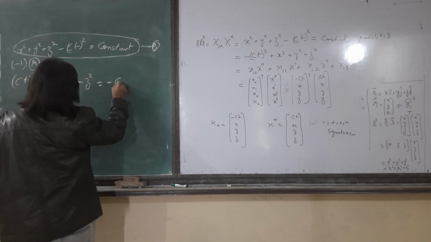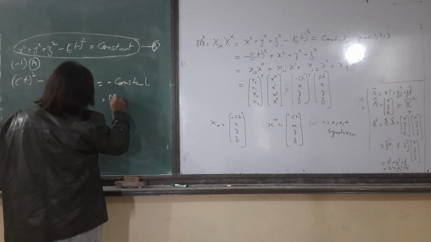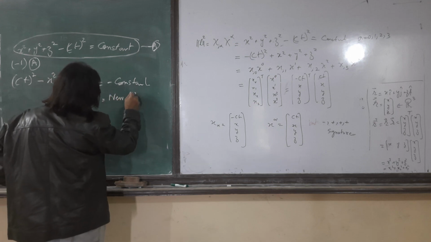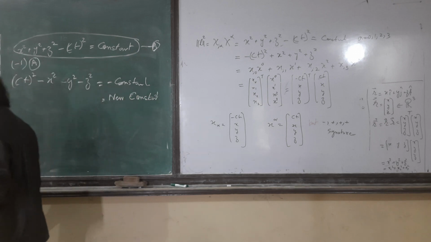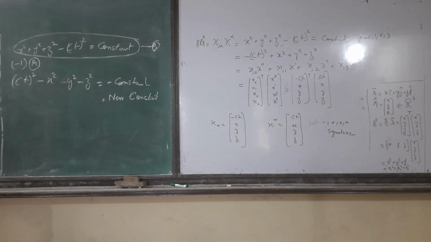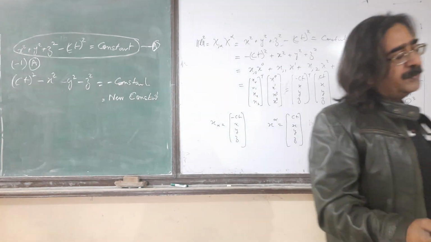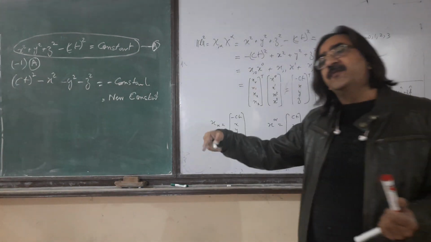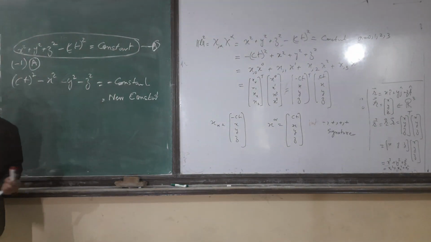When we multiply a constant with a negative number, this will be a new constant. That will also be an invariant quantity. The result will not be the same constant, but a different constant, but still a constant. So this is also conserved.